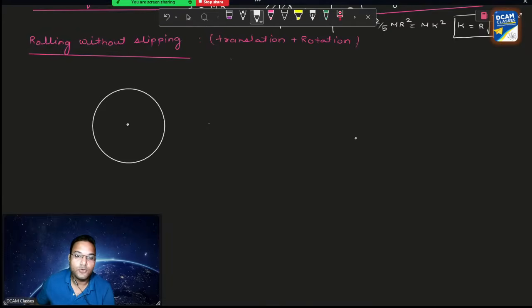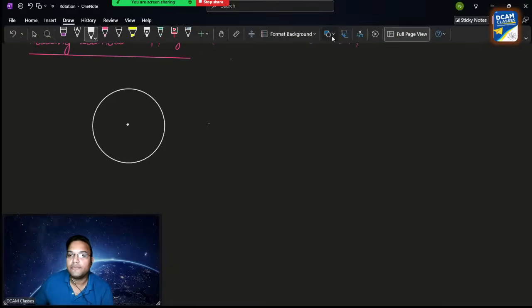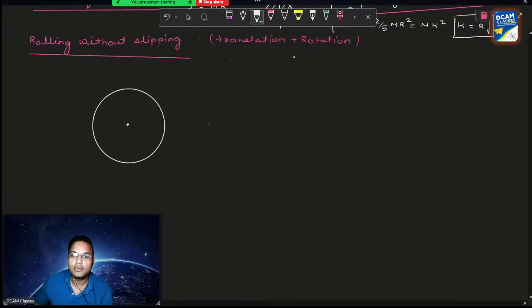The motion of the wheel is translation plus rotation, because at every point it has some velocity. It will be moving ahead, and at the same time it's rolling also, rotating with some angular velocity.